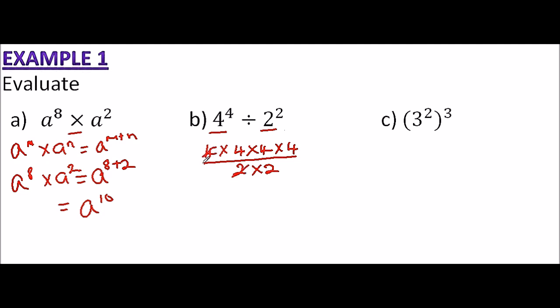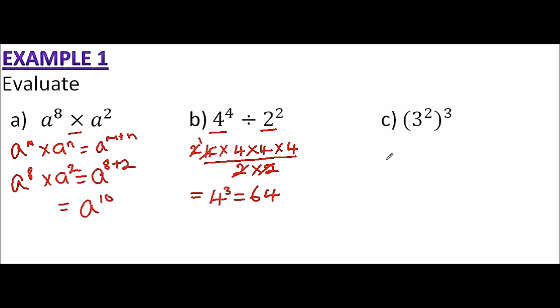So 2 divided by 4 is 2. We divide 2 by 2, we get 1. So we have 4 cubed, which is equal to 64. Note here that we have used a longer method because we cannot apply any rule of indices.